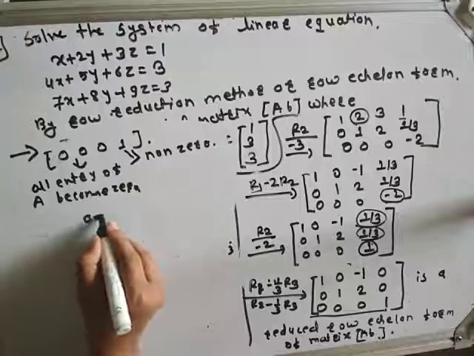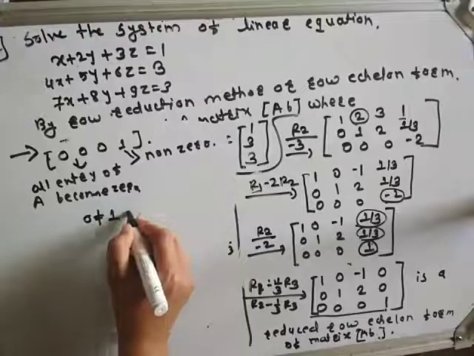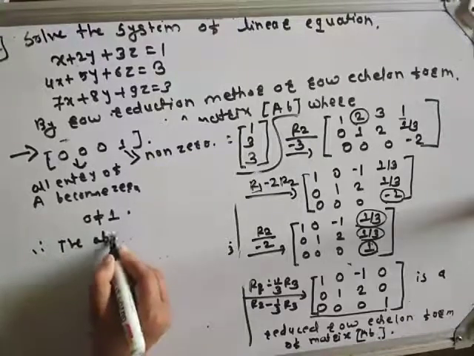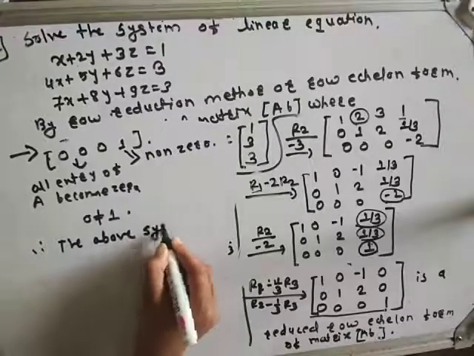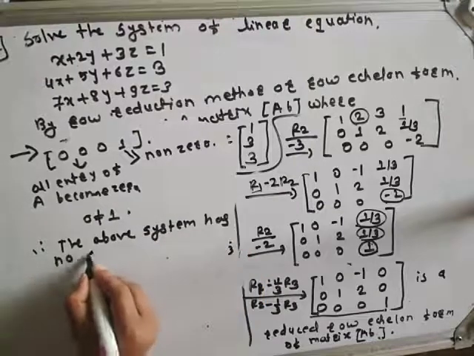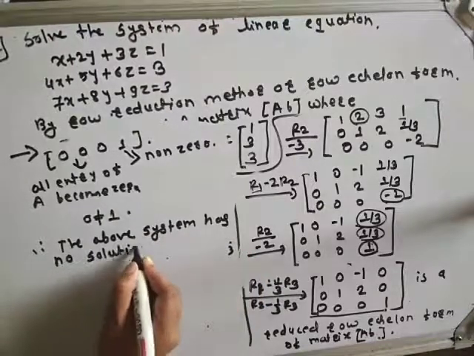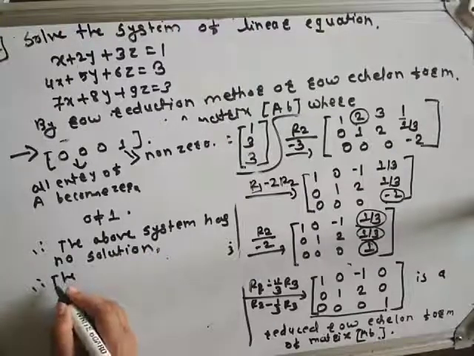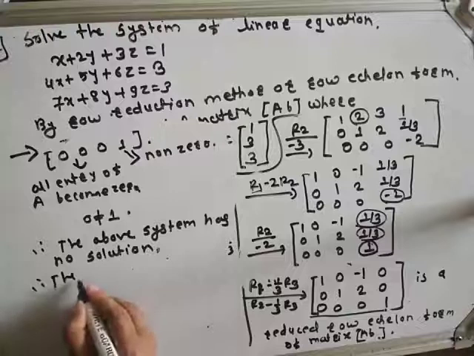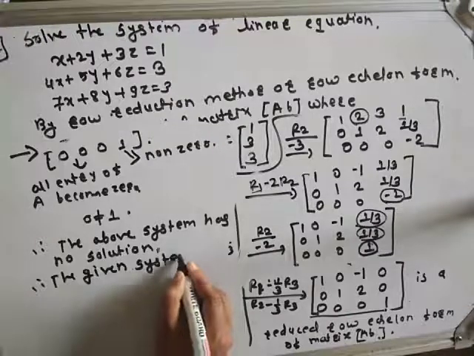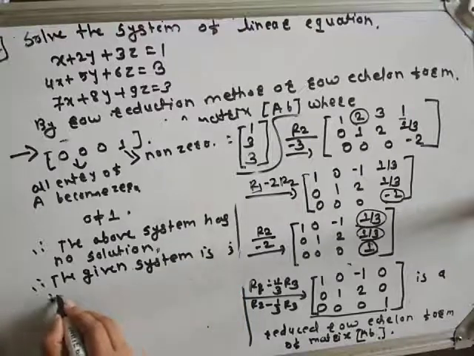Obviously 0 is not equal to 1, therefore the above system has no solution. Therefore the given system is inconsistent.